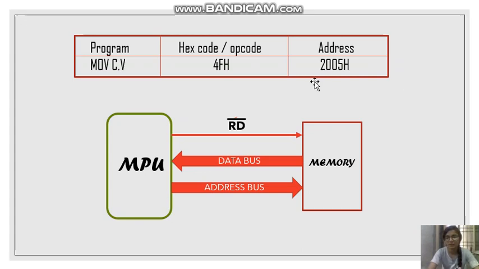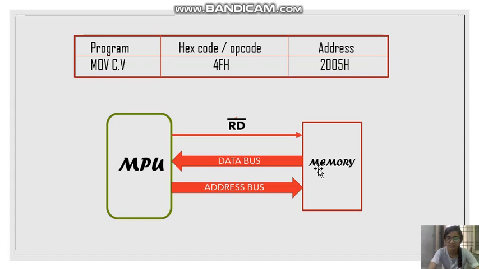So let me give you the overview of how the microprocessor and memory work to fetch some opcode from the memory location. Here, as shown in the figure, we have a microprocessor and memory which have many locations, and out of these many locations we have stored our data at 2005H. Our microprocessor will send the address to the memory by using the address bus, and memory will send the data stored at that location back to the microprocessor.